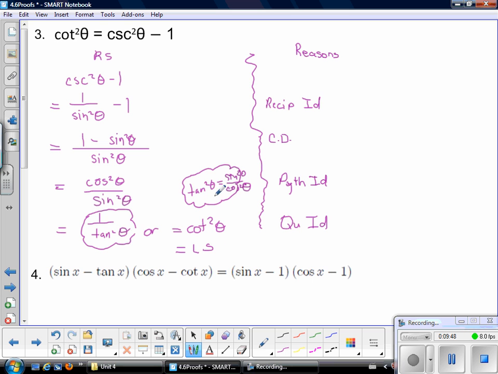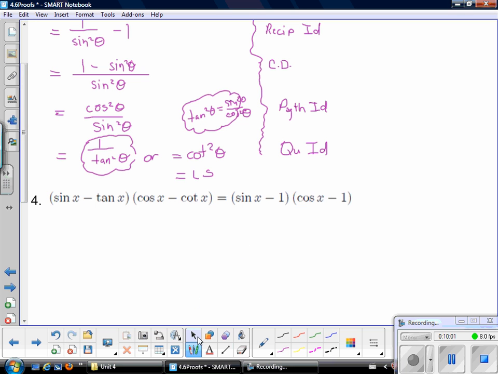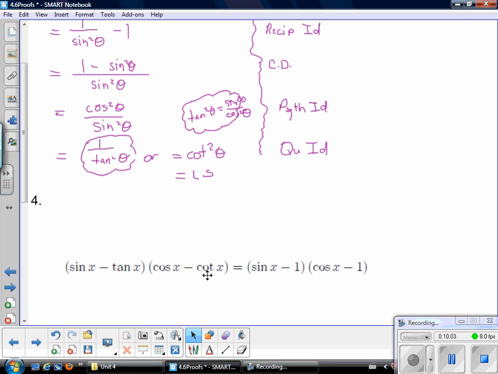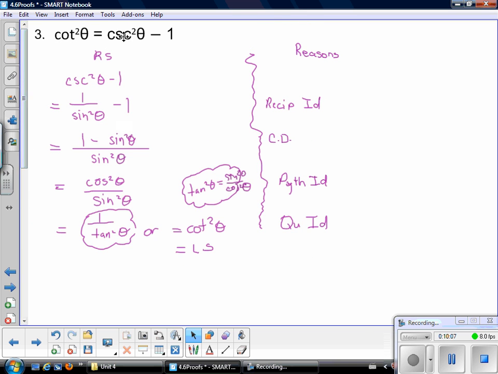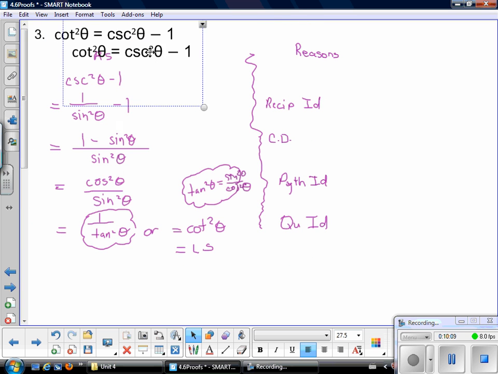As I said, I would take either that step right to the cotan squared theta, or you could do this and then you would have to flip it around again. I don't see too much difference between that. I'm just going to move this out of the way because I now have it equal to the left side and I have to finish it by going clone.